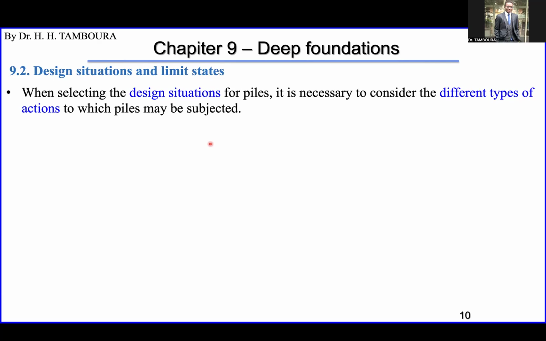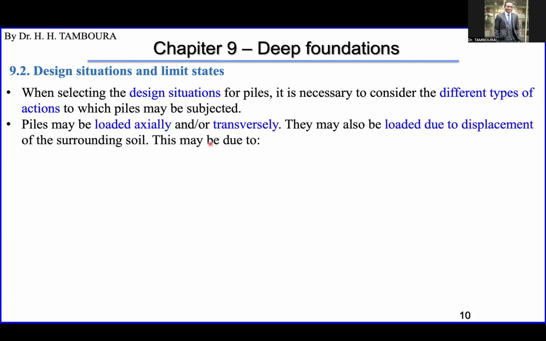When I say action, it means different types of forces that the pile might be subjected to. Your pile can be loaded axially, it means vertical loading, not necessarily vertical, but axially loaded. It can also be transversally loaded.